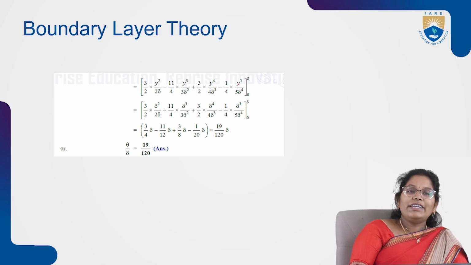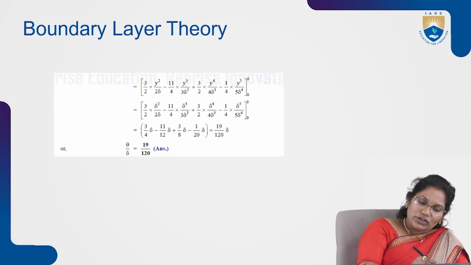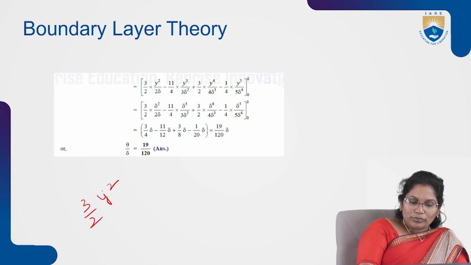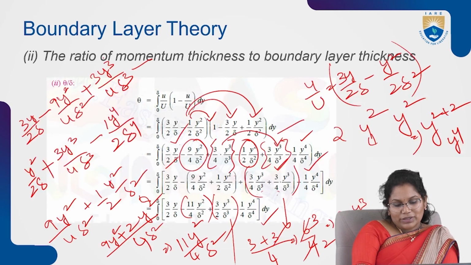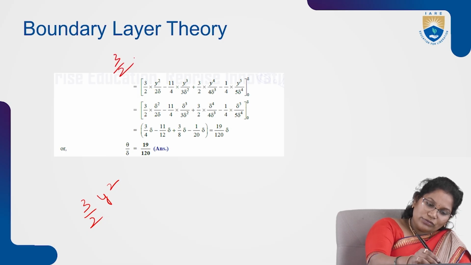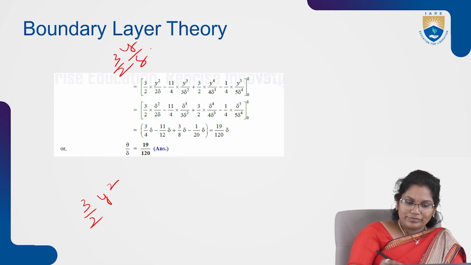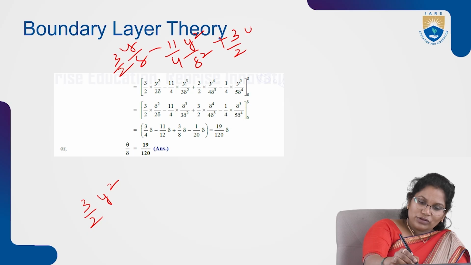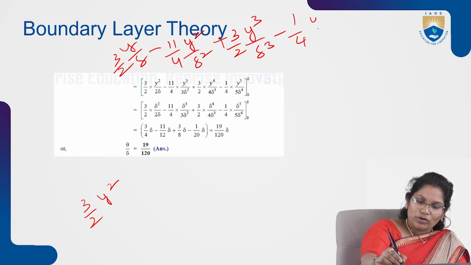Now integration is done here. So first integration is 3y by 2, y square, y, only y. So y is becoming 3 by 2 y by delta minus 11 by 4 y square by delta square plus 3 by 2 y cube by delta cube minus 1 by 4 y to the power of 4 by delta to the power of 4.